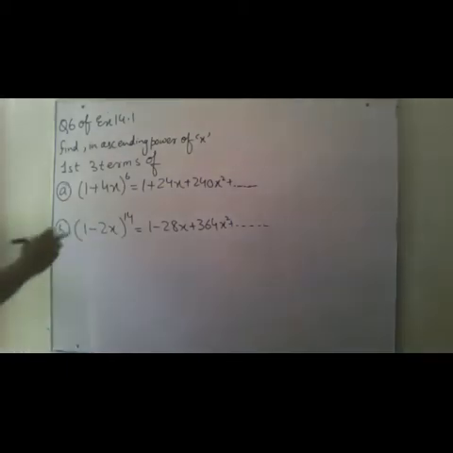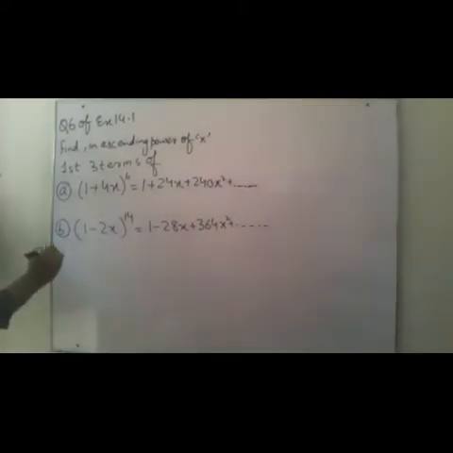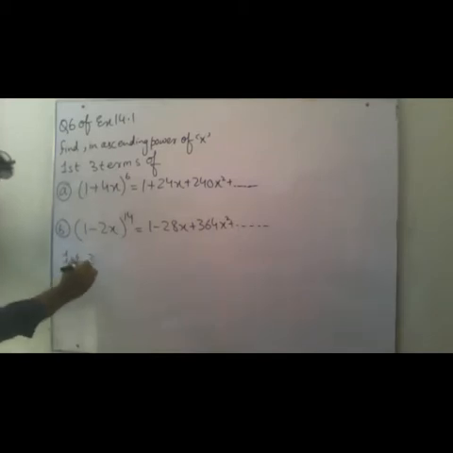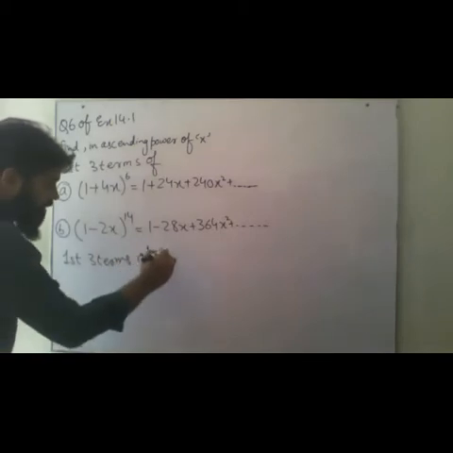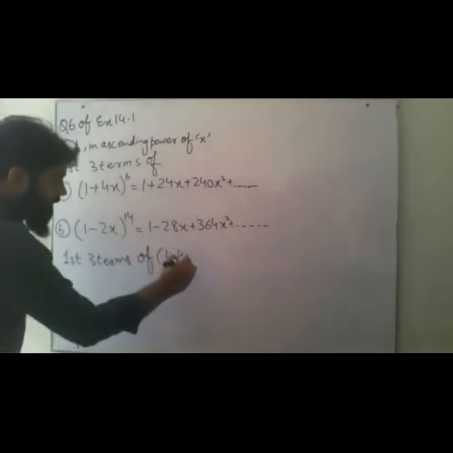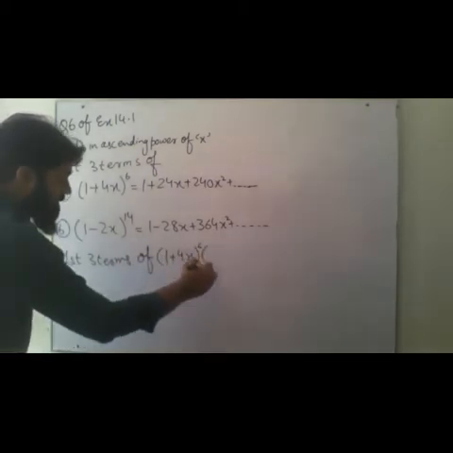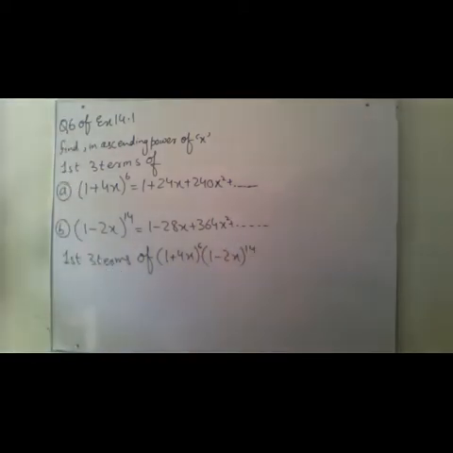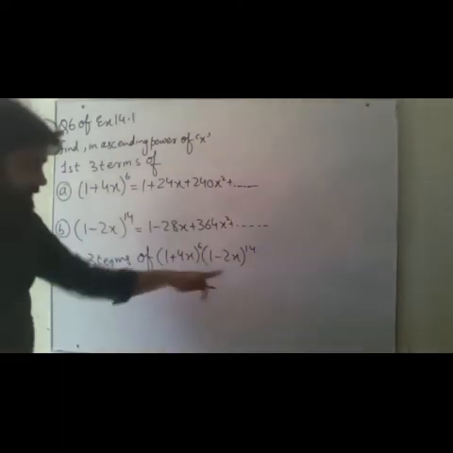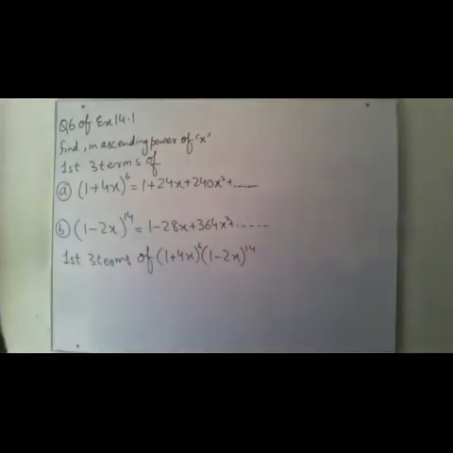Now, in B part, they are giving us something else. They are saying, find the first three terms of 1 plus 4x whole power 6 times 1 minus 2x whole power 14. I have to find the first three terms of this product. So how will I find it?